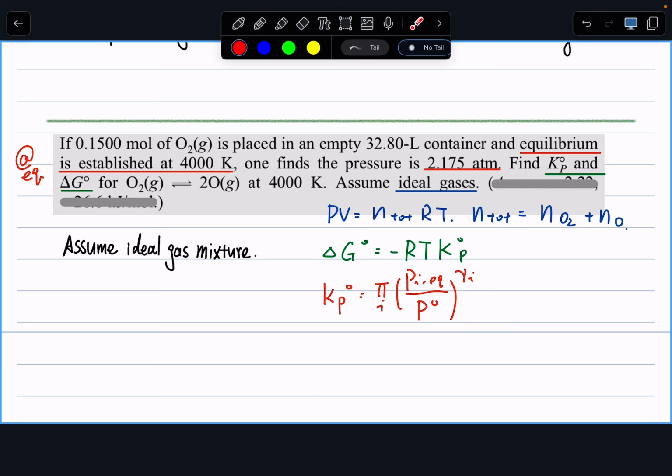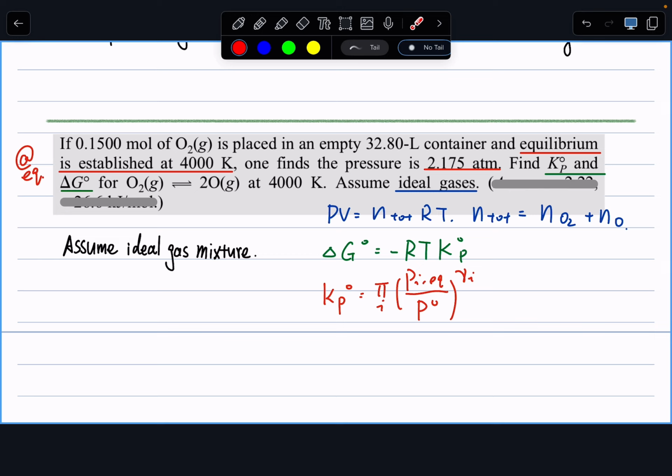So if we know the number of moles or the partial pressure of my O2 and elemental oxygen at equilibrium, we will be able to solve for their partial pressures and consequently the equilibrium constant.